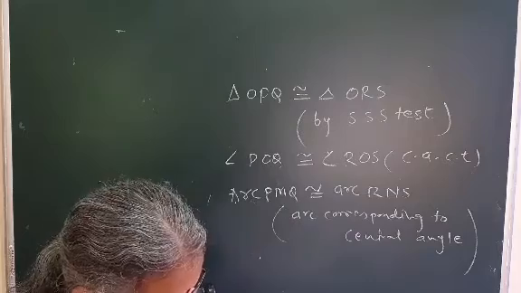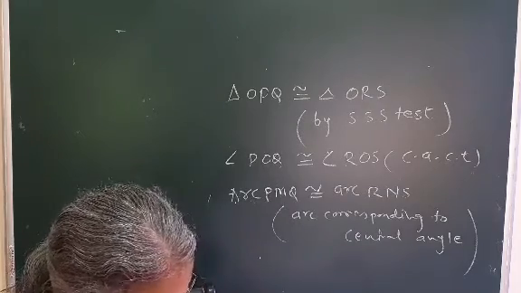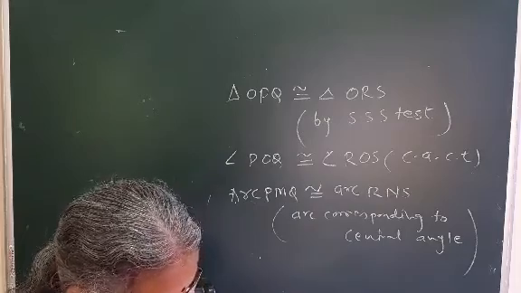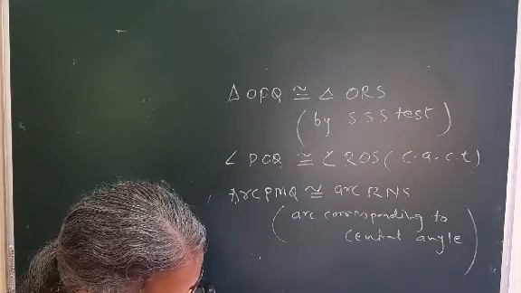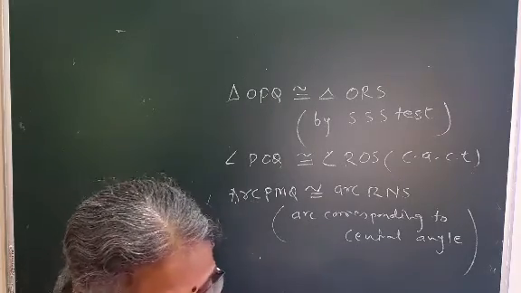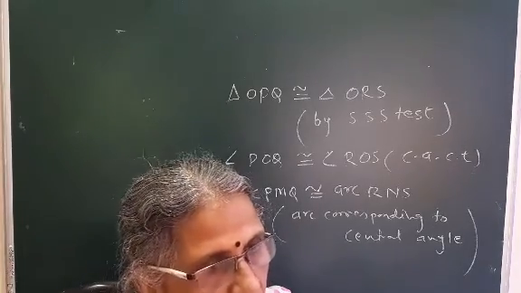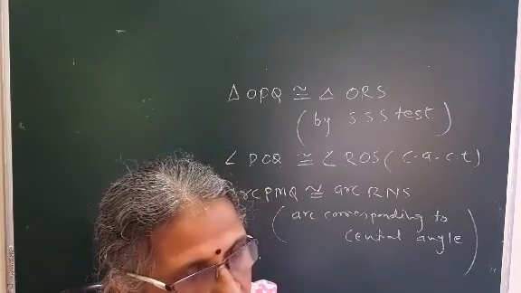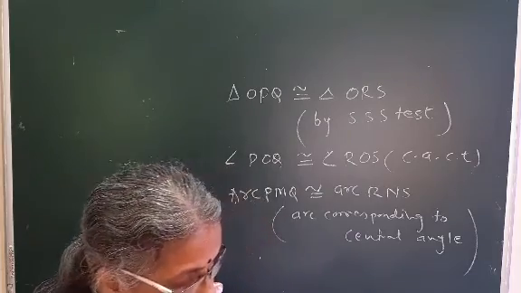Major arc ACB will be 360 minus 125, 235. And major arc BAC will be 360 minus 110, that will give you 250. Followed? So whenever you are asked to find the measure of a major arc, you have to subtract the measure of the minor arc from 360. You will get the answer.